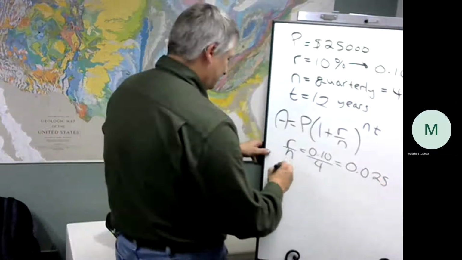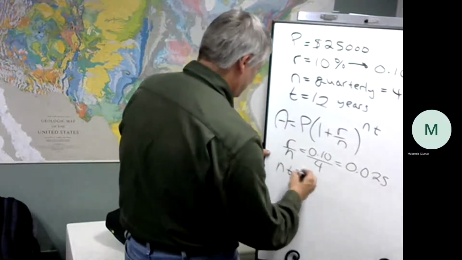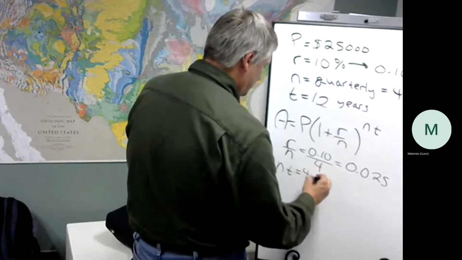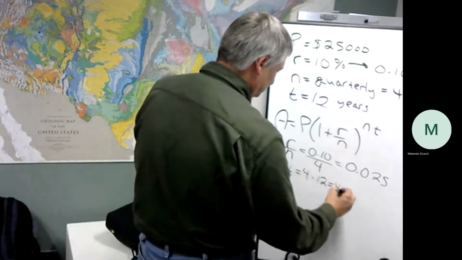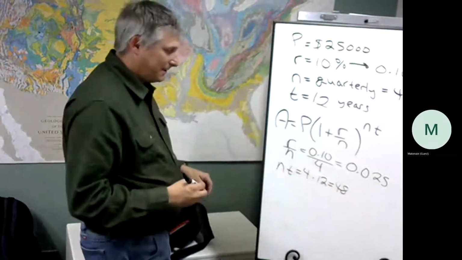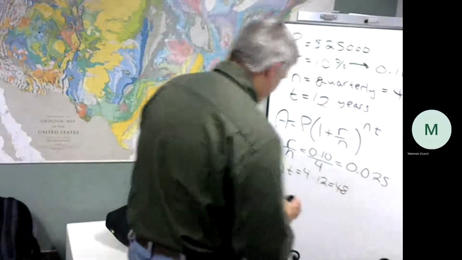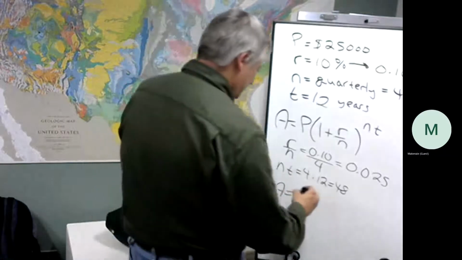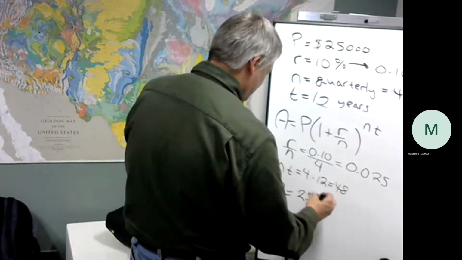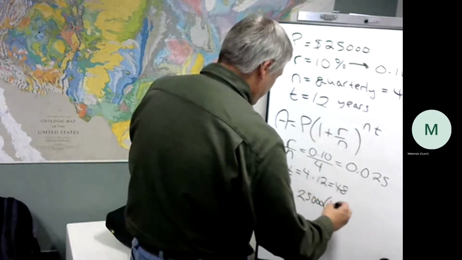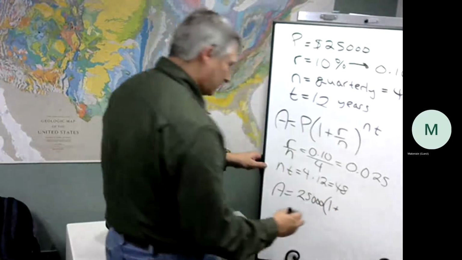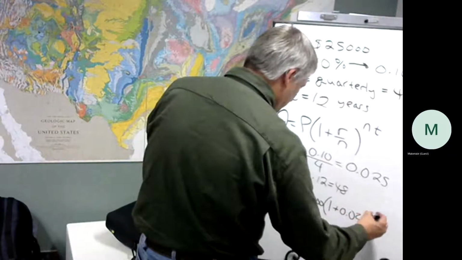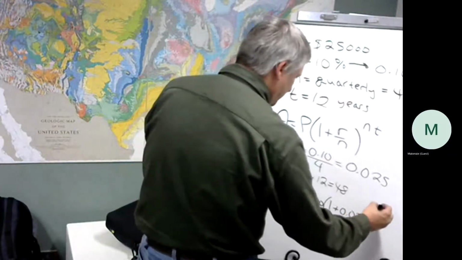And then NT, that's going to be, let's see, 4 times 12, or 48. So we get A is 25,000 times 1 plus 0.025 to the 48.